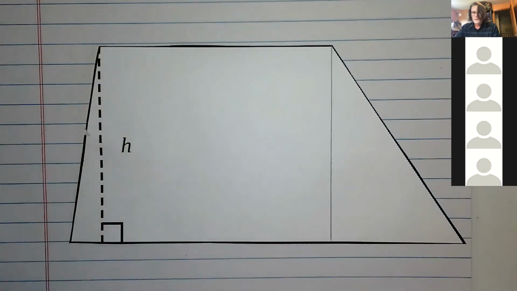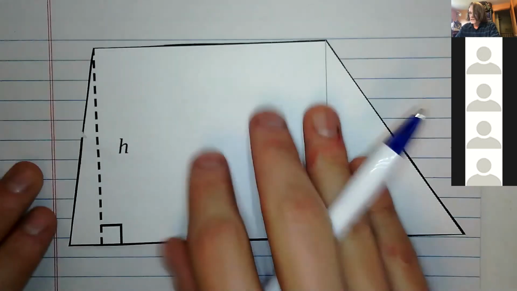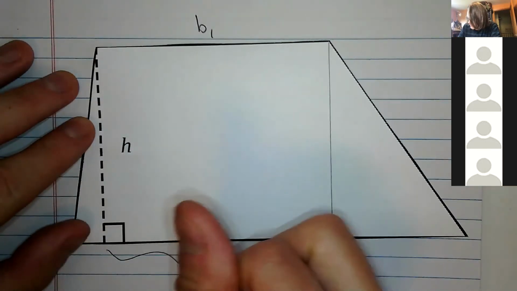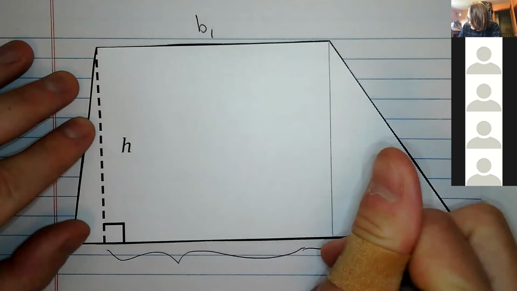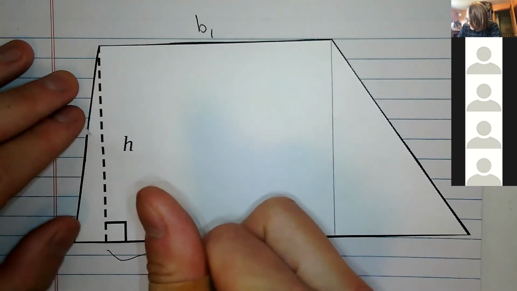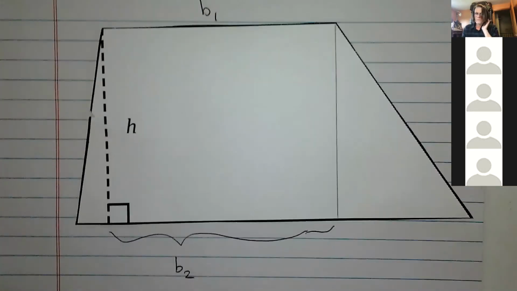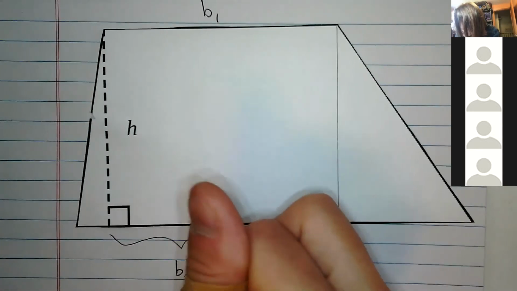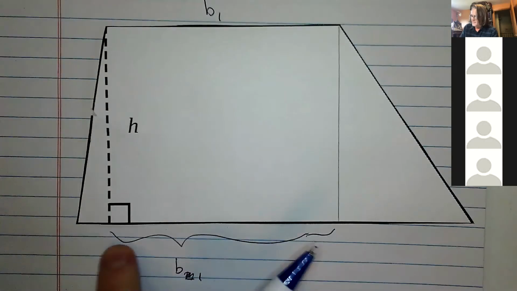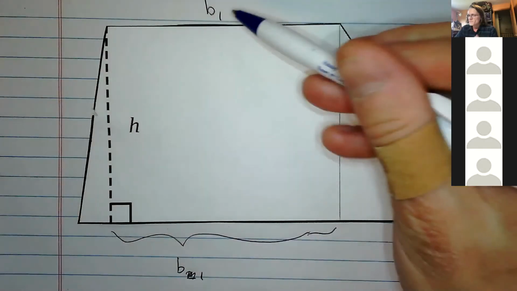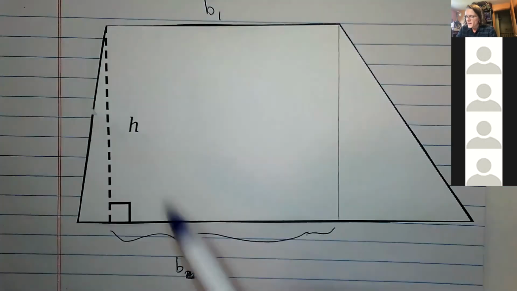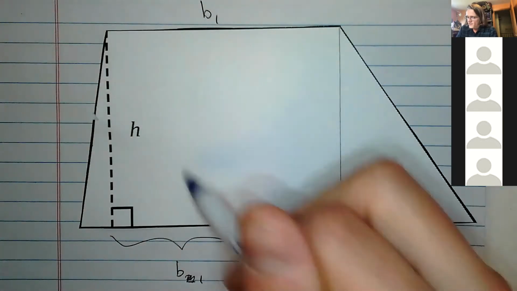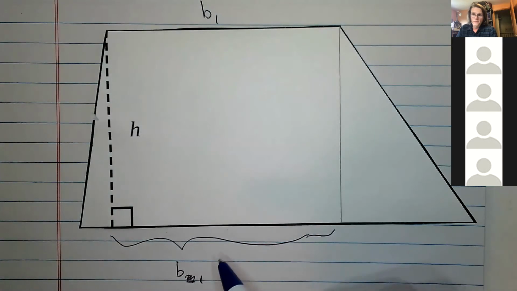We need this length, which I'll call B1, and the height, H. The top and the bottom are both B1. So the area of the inside rectangle is just H times B1.